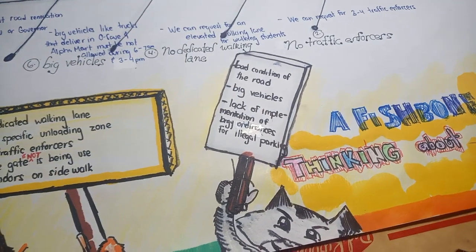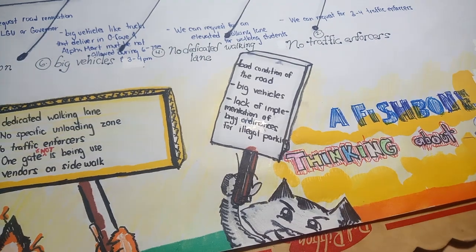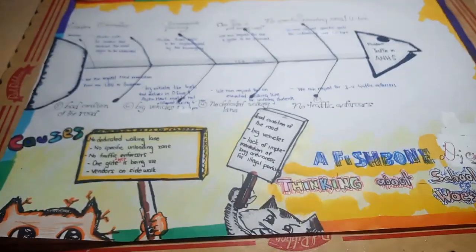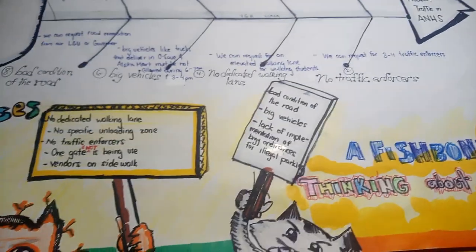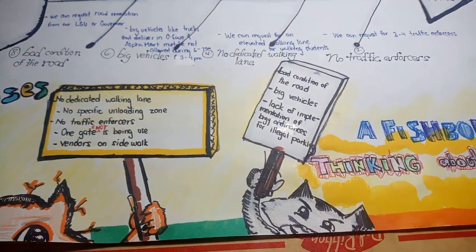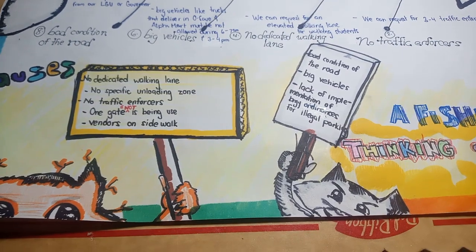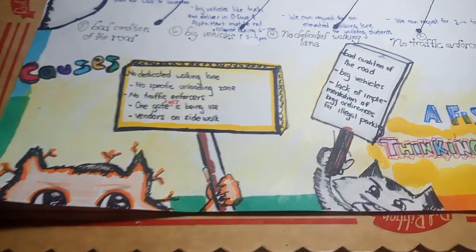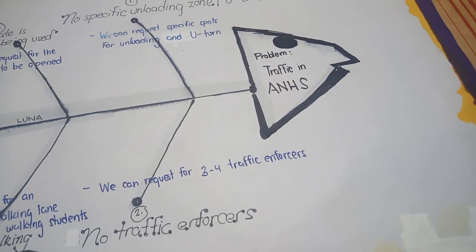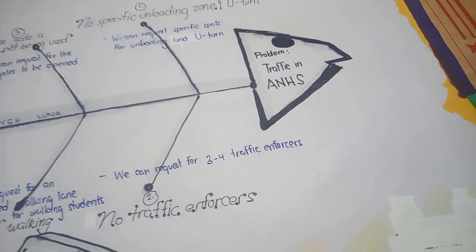That caused traffic too. Lack of implementation of barangay ordinances for illegal parking, yeah. Marami ring nakapark doon sa mga kalsada. So ito ang mga ideas, observations given by the students, on the causes of the problem traffic in Angono National High School.